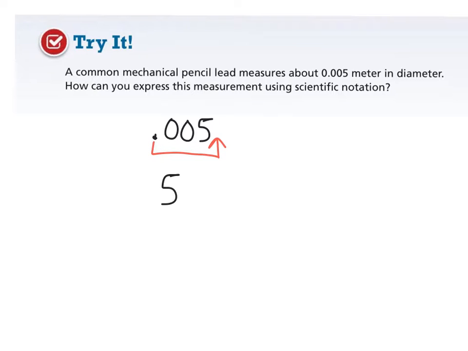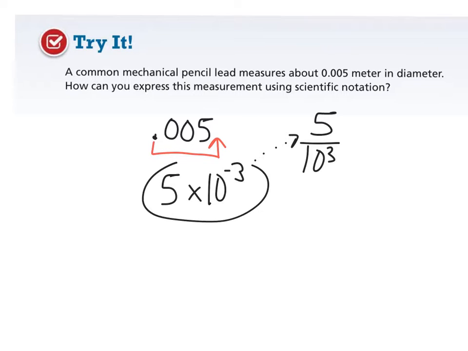So we'd have 5 times 10 to the -3rd power. -3rd again. We moved 3 spots, but it is going to be negative because, like we've mentioned before, we have to divide by 10 3 times to get it back to what it was.